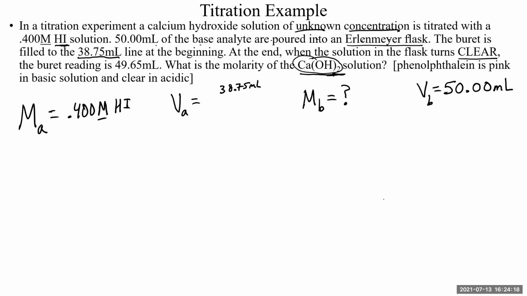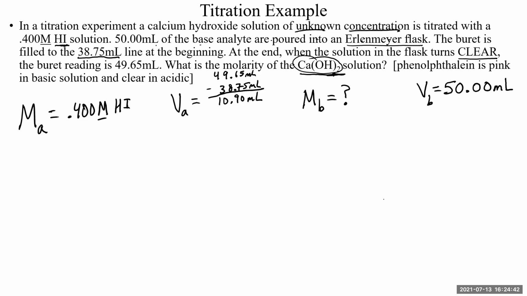So 38.75, 49.65 is the final volume. So we take the difference between them, and that gets us, I believe it's 10.90 milliliters. But I'm not going to leave it up to my faulty mental calculator here. I'm actually going to do it. I've learned my lesson.